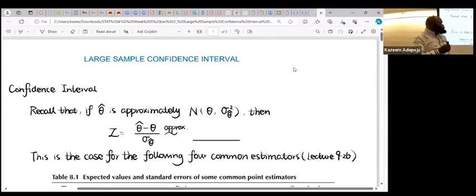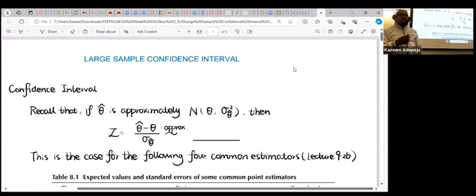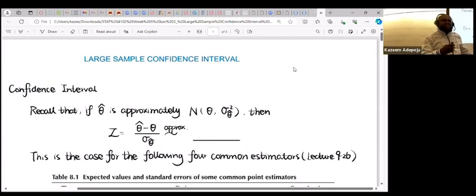Large sample confidence interval. We started on Monday with the interval estimator, and we want to continue because we're talking about interval estimators. Depending on the nature of the sample, the sample size could be small or large. When the sample size is large, how can we actually compute our interval estimator?